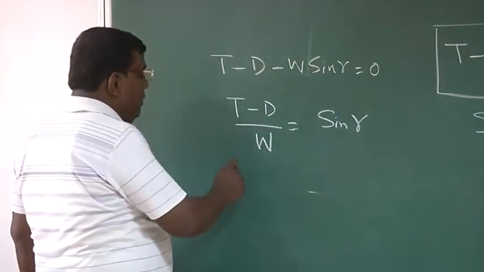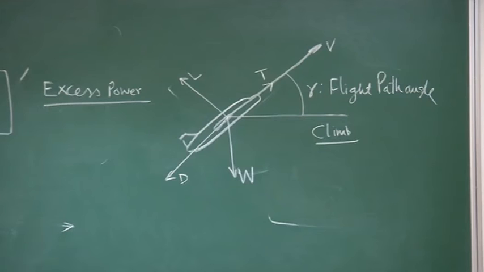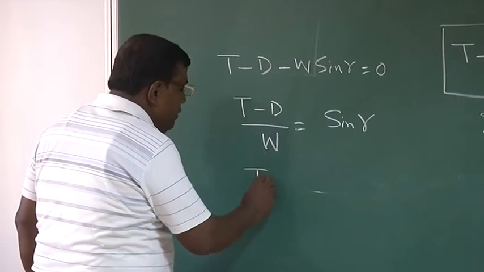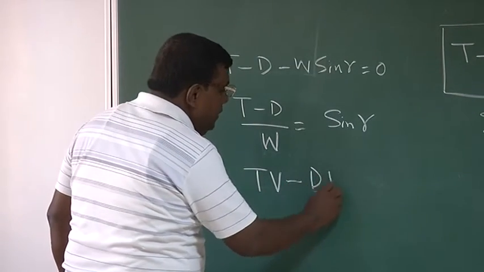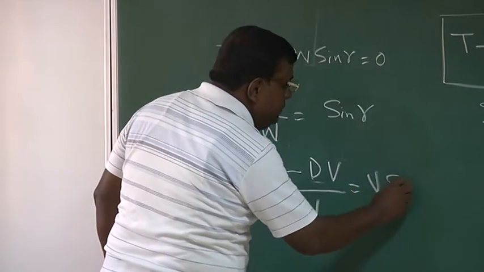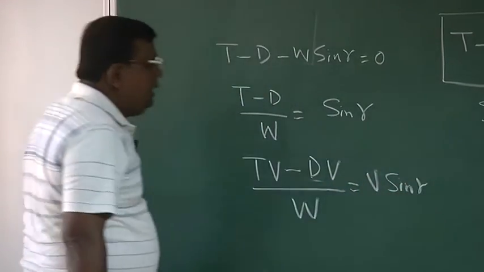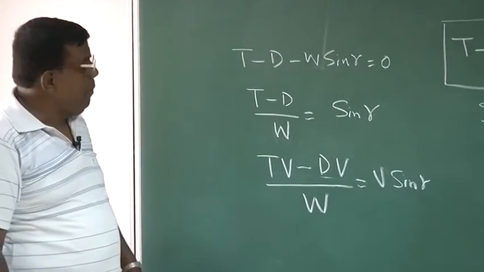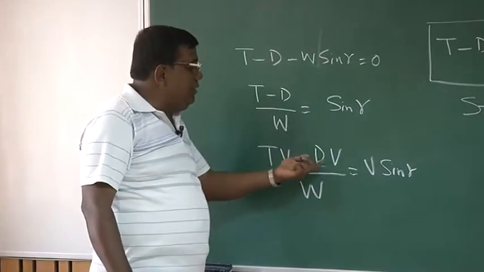If I now multiply both sides by V, what happens? So this will be T into V minus D into V by W is equal to V sine gamma, right? I multiply both sides by V. What is this, TV minus DV by W?